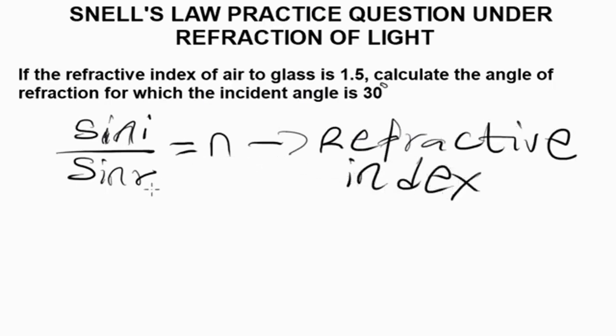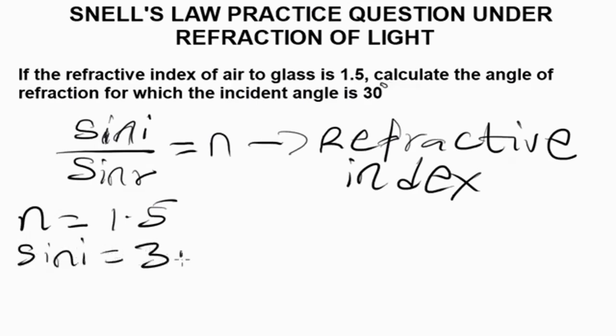Alright, now for this question, we have the refractive index n to be 1.5. We have the incident angle, sine I, to be 30 degrees, and we are asked to find the refraction angle. So sine R is unknown.